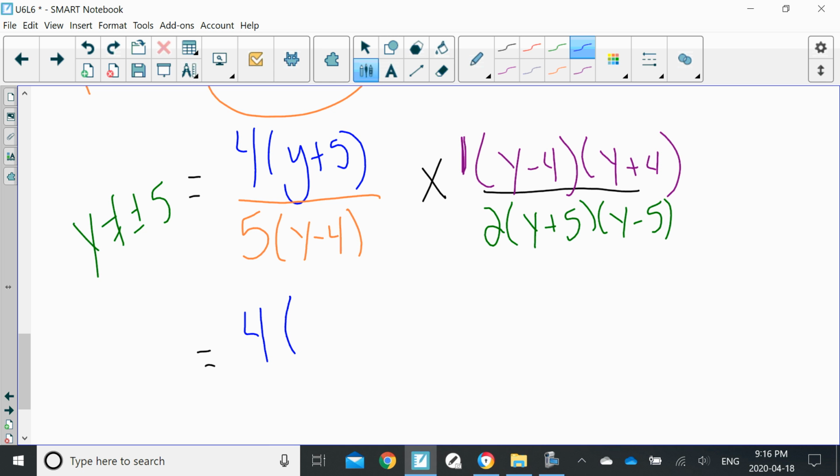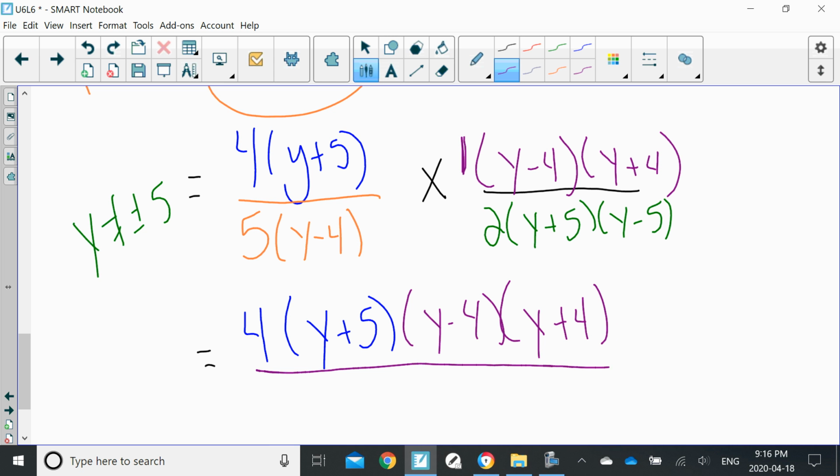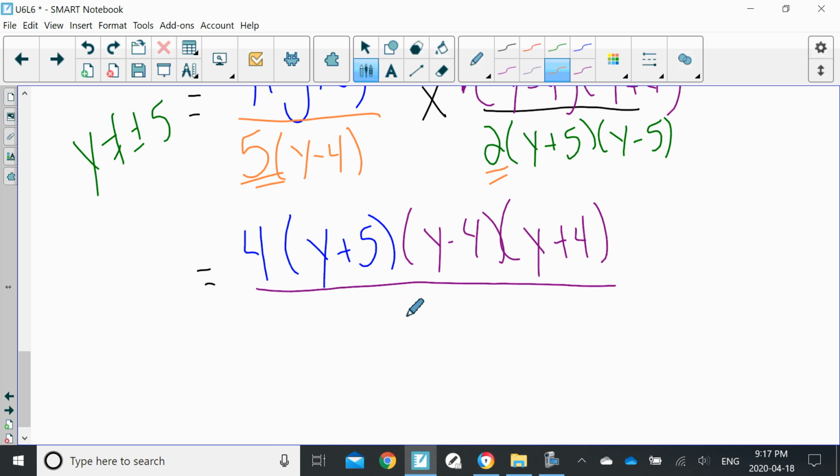My factors in the numerator are y plus 5, y minus 4, and y plus 4. In my denominator, I've got 5 times 2, which is 10, and then I've got y minus 4, and then y plus 5, y minus 5.